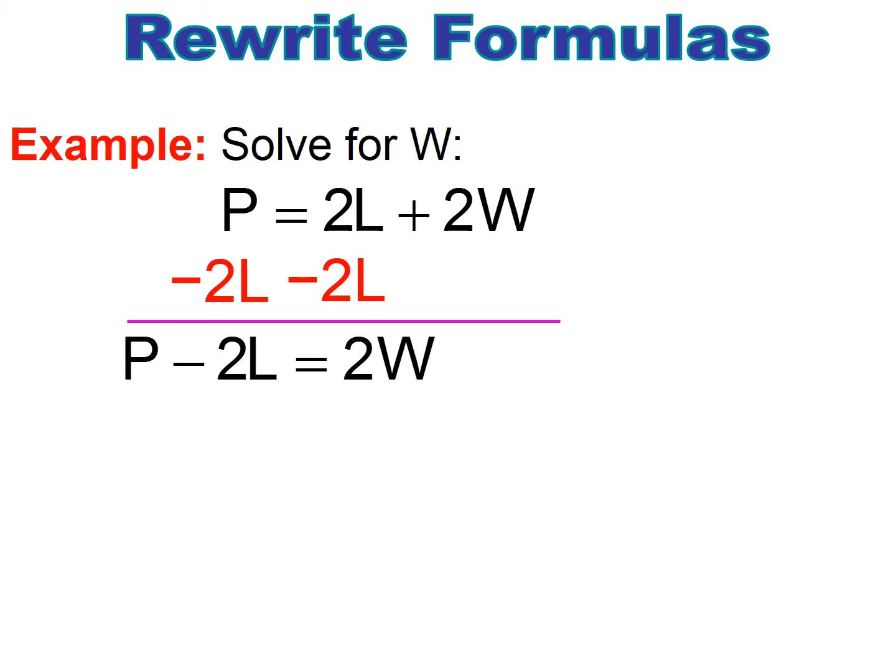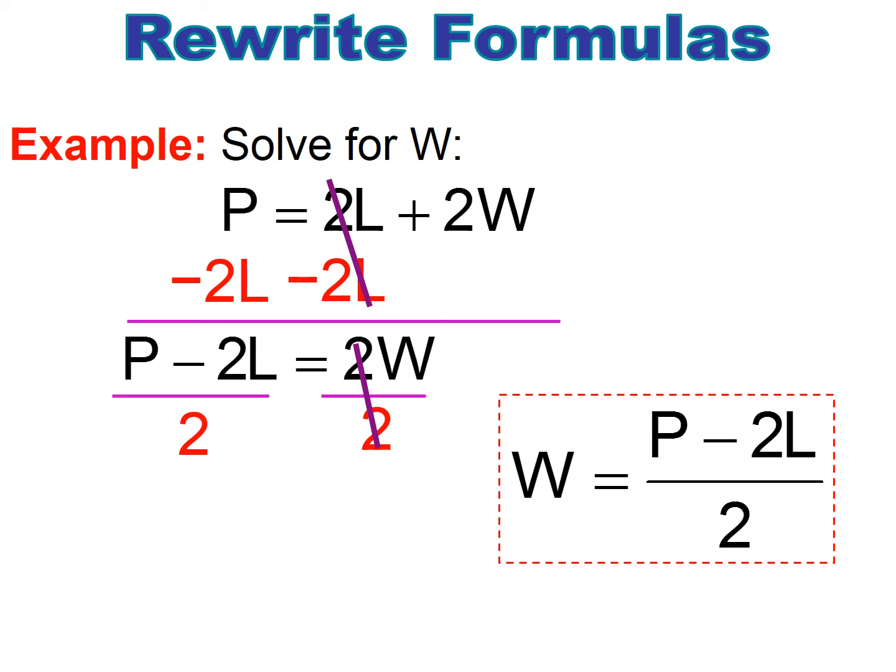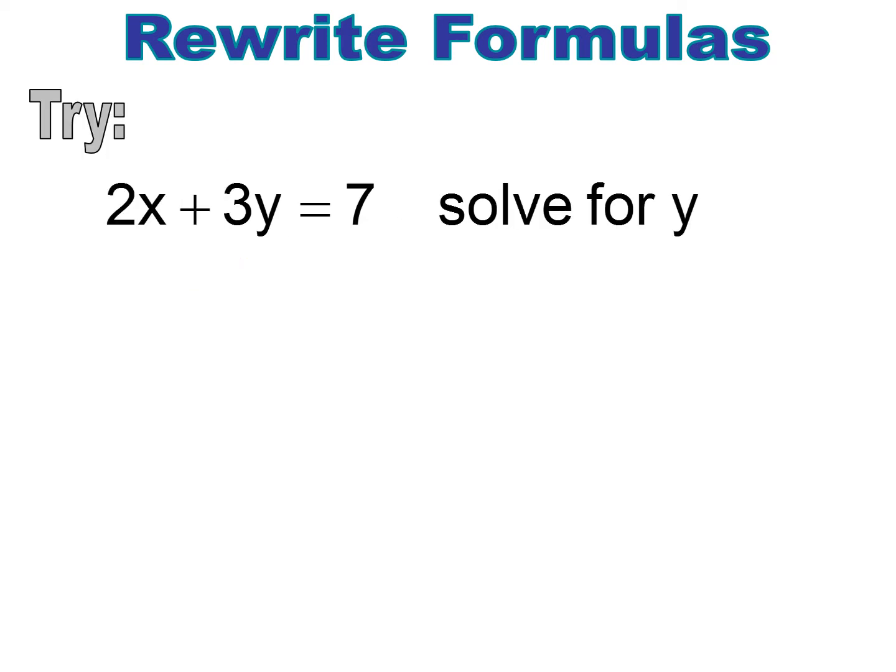Now I want to get rid of the 2 that's attached to the w, and because it's attached, it's multiplication, and the inverse would be division. Pause and try.